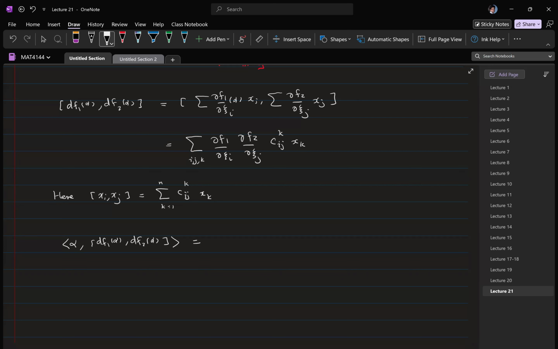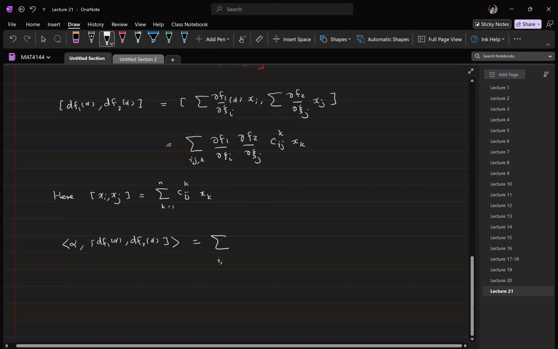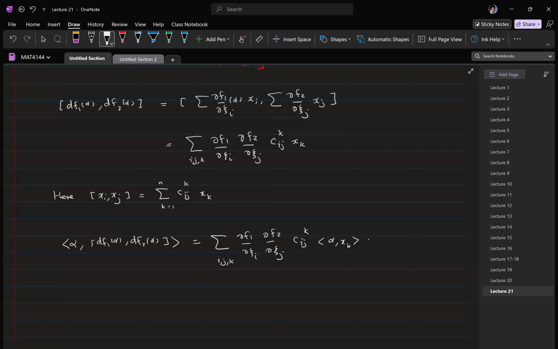So then it will simply be sigma, again, summation over all ijk between 1 and n, df1 dxi, df2 dxj, cijk, and then alpha xk.